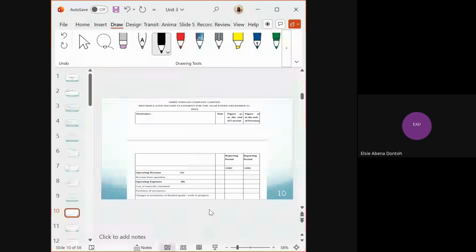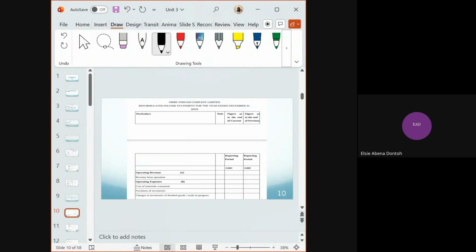So we move on to the reformulated income statement for the same Obri Company Limited. For A, that's operating revenue, revenue from operation.